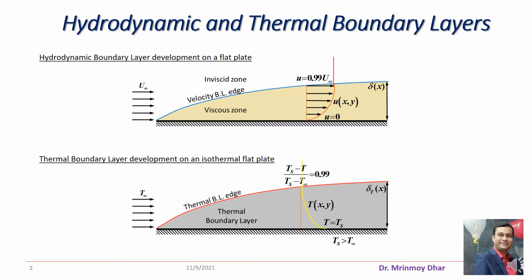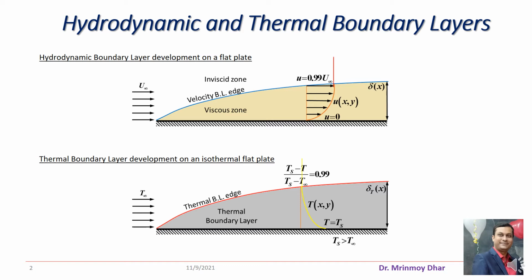But the free stream temperature was T infinity. In this case, as Ts is greater than T infinity, as we move in the upward direction, if we look at the temperature distribution profile in the bottom figure, the yellow curve, the temperature at the flat plate equals Ts, and when we move upward, the temperature decreases.